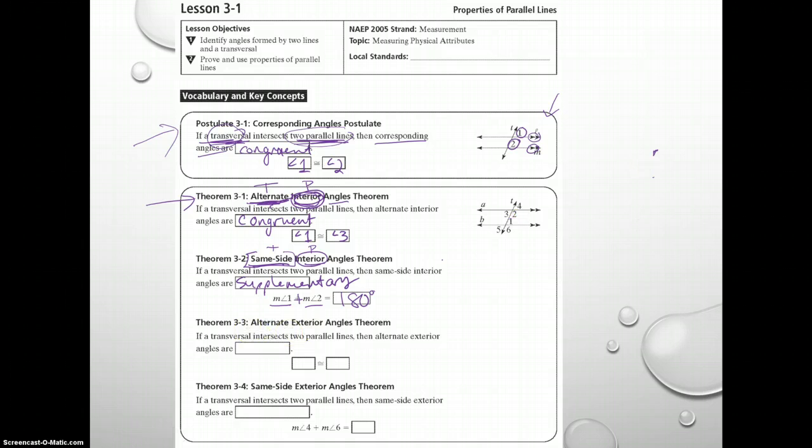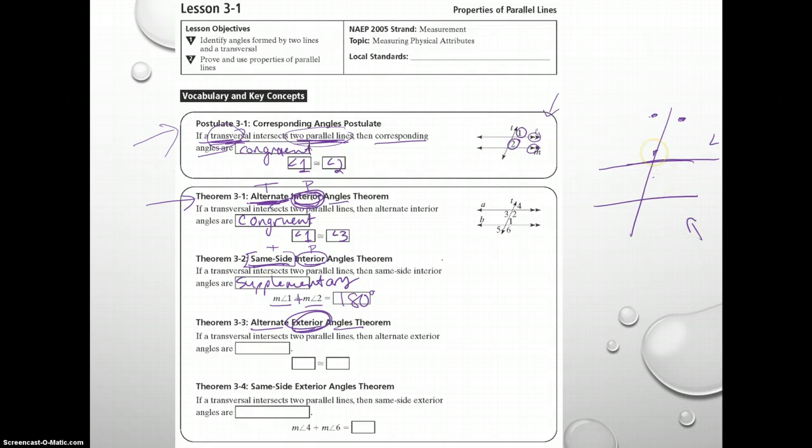Next, alternate exterior angles. Two parallel lines cut by a transversal. Alternate means on opposite sides of the transversal, and exterior. So now I can't be on the inside of the parallel lines anymore. I have to be on the outside.